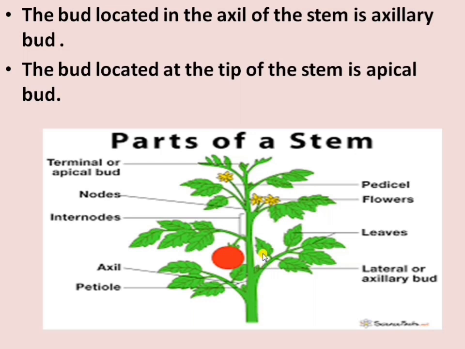The bud located on the axil is the axillary bud, or we can say the lateral bud. Then we have the apical bud. The bud located at the apex or the tip of the stem is the apical bud. These are the flower and pedicel. This stalk is the pedicel.